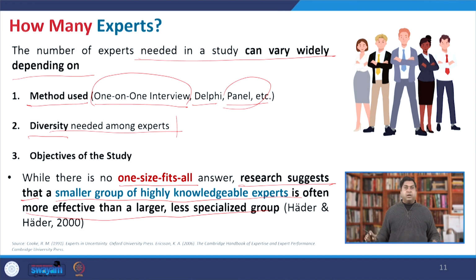That outcome is much more influential than just increasing the number by selecting anyone, maybe not very experienced, just to increase the number and including them in the expert panel or one-to-one interview. That may lead to issues in bringing the consensus, and also a problem in identifying the problems in the right manner.